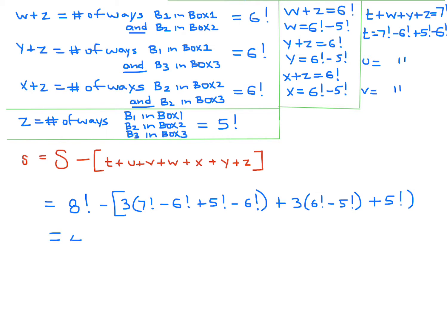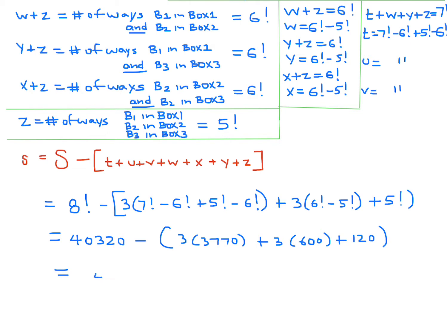So now we have to just crunch these numbers out. This is going to be 40320 minus 3 times 3770 plus 3 times 600 plus 120.